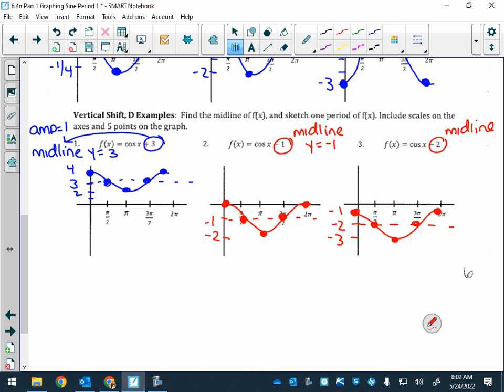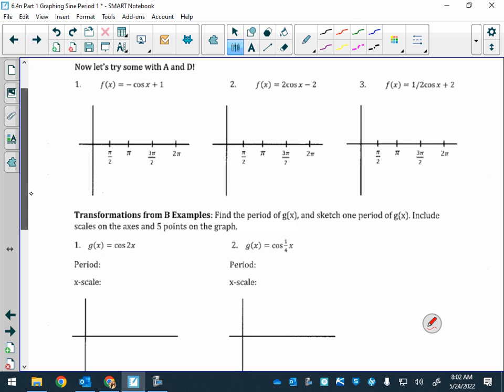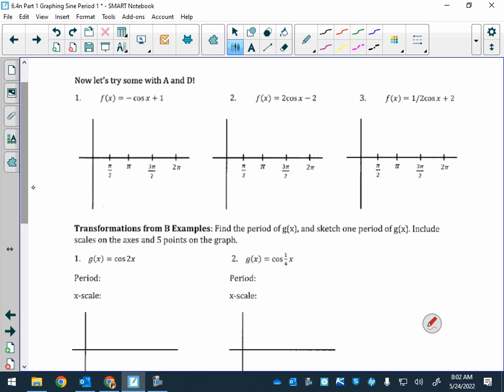Good. So now, like we did with sine, we are going to take the A, our amplitude, and our vertical shift, and combine them together. We'll do the first one together. You guys will try number 2.